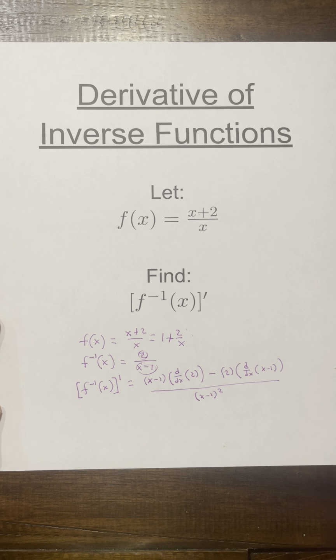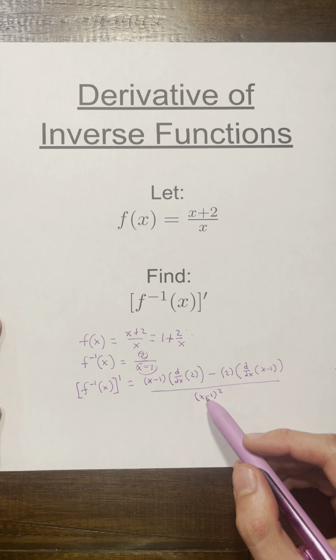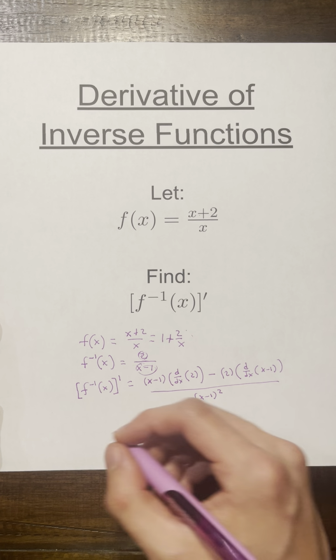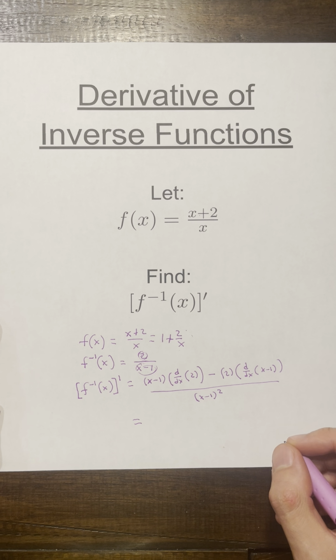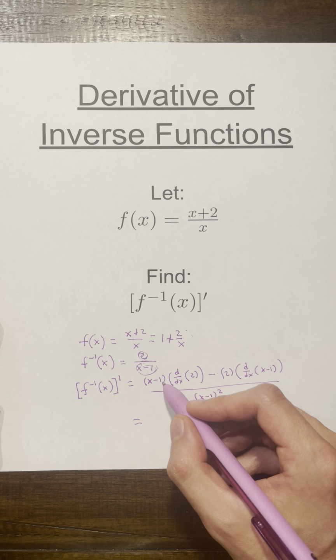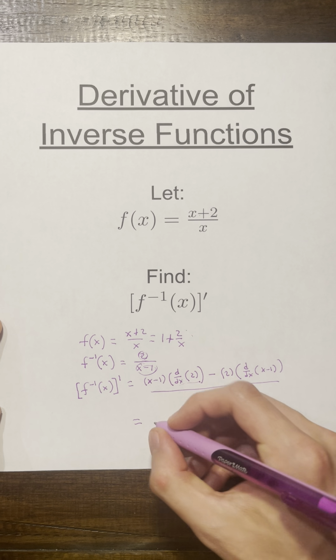Okay, let's sing the song again, just to make sure it gets stuck in your head. Low d high minus high d low over low times low. Okay, what's the derivative of 2? 0, and x minus 1 times 0 is how much? 0.